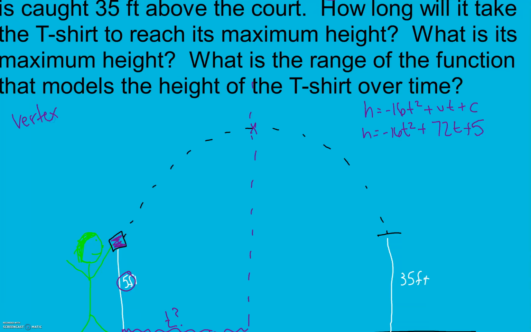And remember, the vertex always happens on our axis of symmetry. So x equals negative b over 2a. Here my b value is 72. My a value is negative 16. And I get 2.25 seconds.